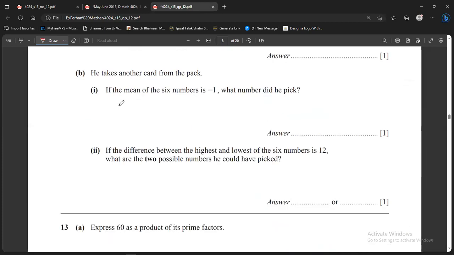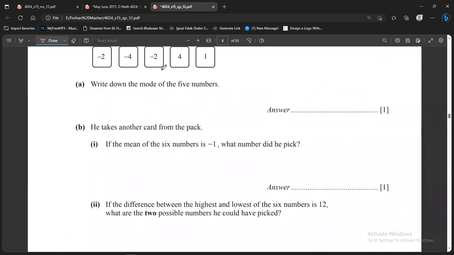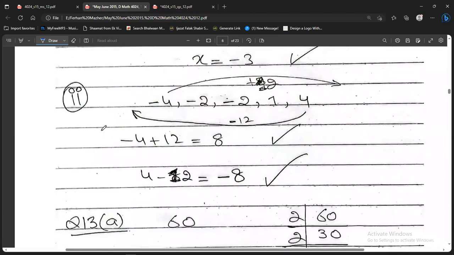Okay, then we have, if the difference between the highest and the lowest of the 6 numbers is 12, what are the 2 possible numbers he could have picked? So these are the numbers, and he has chosen a 6th number. So we will arrange these numbers: -4, -2, -2, 1, and 4.